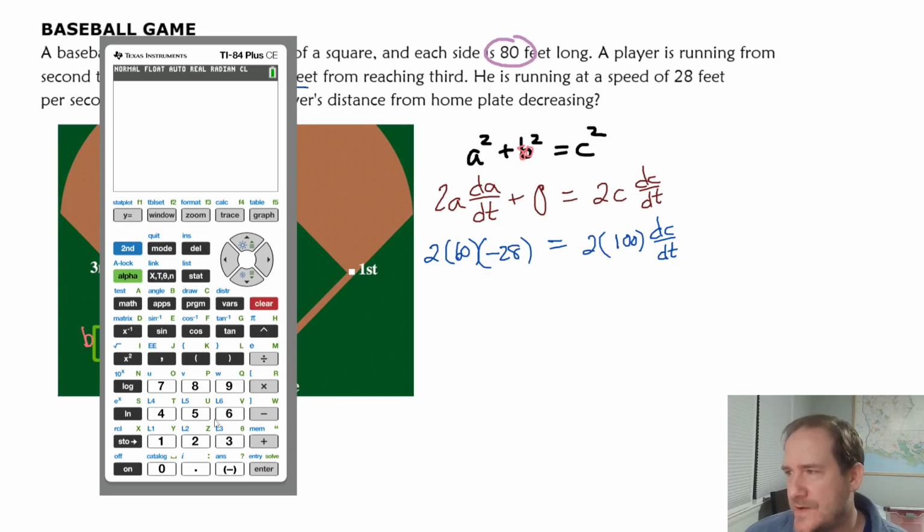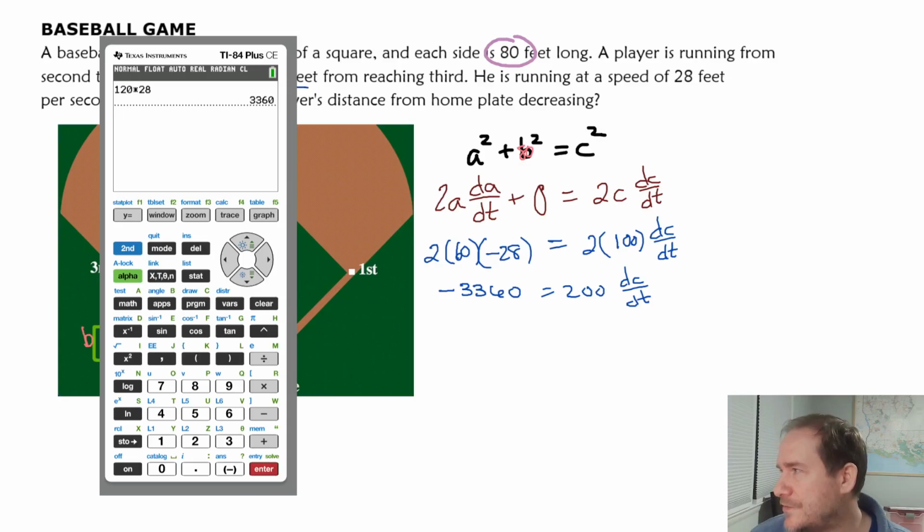And I just needed my calculator so I could do not the 60 times the 2, that's obviously 120. Then I'll multiply that by 28, and that's giving me 3360. So this is negative 3360, and that's equal to 200 times dc dt. So I just divide, and we get close to our final answer.